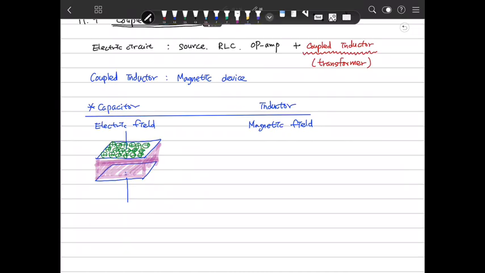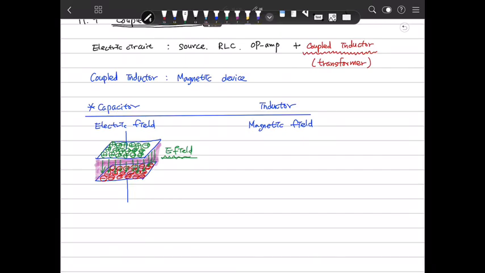Because of these charges, there are minus charges stored here, and they are stored in some field, an E field. The energy is stored in the form of the E field. We call this a capacitor.